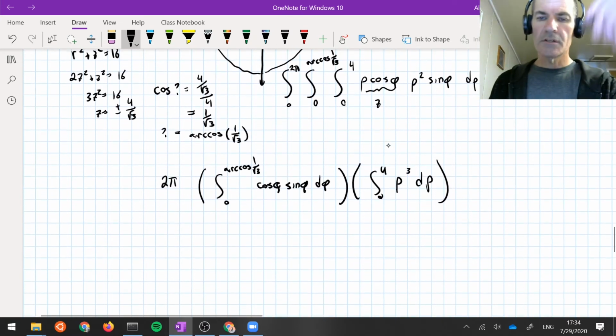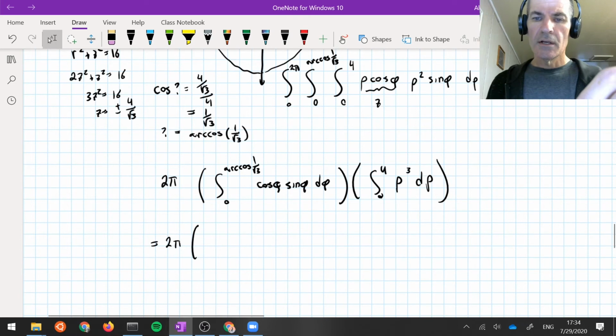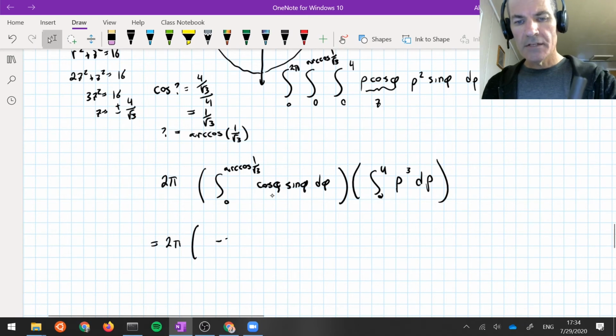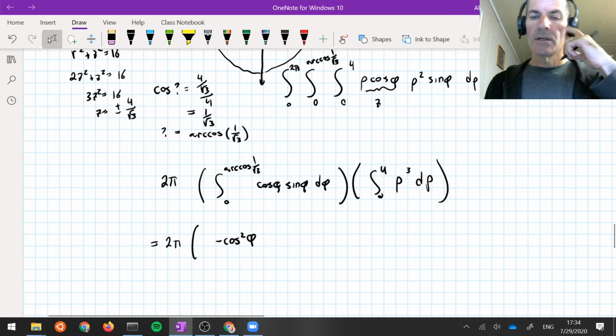And we can do all these integrals separately. 2 pi. This integral in the middle, let's integrate this guy so that we get minus cosine squared phi, right? We could have integrated it so that we got sine squared phi, but I'd like to keep that cosine and hope that it cancels with this arc cosine.